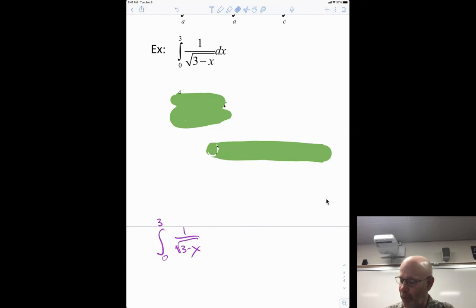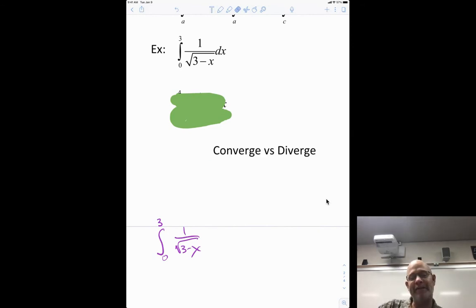Let me throw a couple of words at you before I go on: converge and diverge. Sometimes they'll just ask you, does it converge or diverge? Diverge is basically the same thing as infinity. So the integral diverges if it goes to infinity, and converges if there is a sum or an answer.